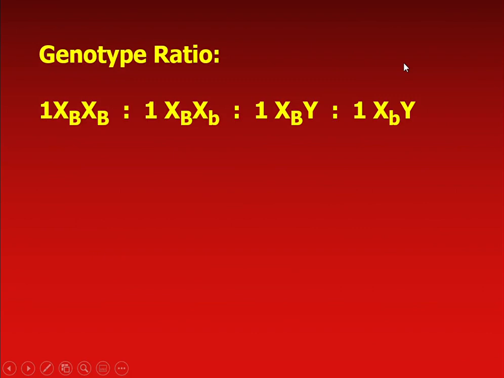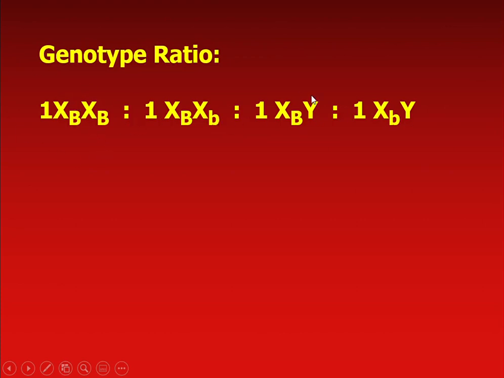So when I move on now to do my genotype ratio, I now have to do each individually. It's not normal and affected. I now have 1 X^B X^B is to 1 X^B X^b is to 1 X^B Y is to 1 X^b Y. So each of them is different.